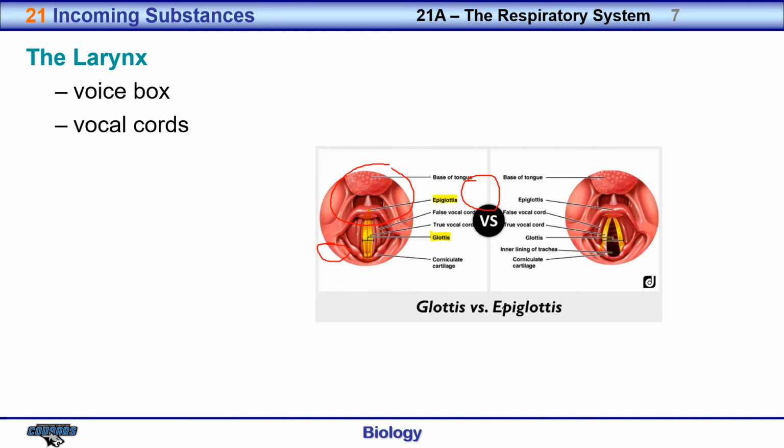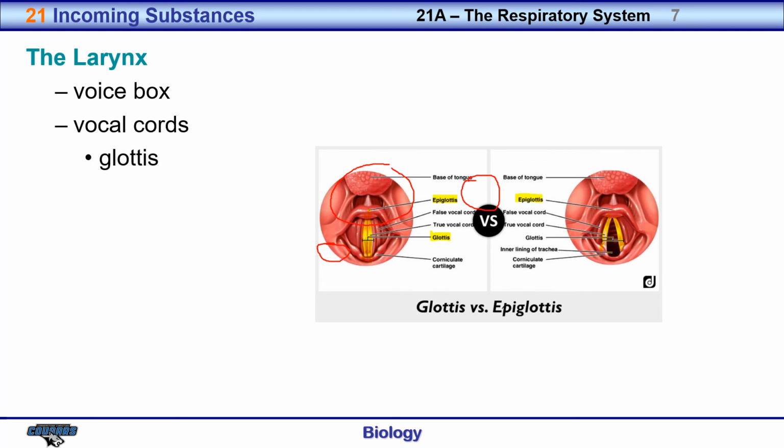The epiglottis, in both pictures over here, will fold over your larynx to keep food from going down the wrong pipe, we sometimes say, and getting down into your lungs. Because if some of it gets past there, then that's what makes you want to have this coughing spell to get rid of all of that.